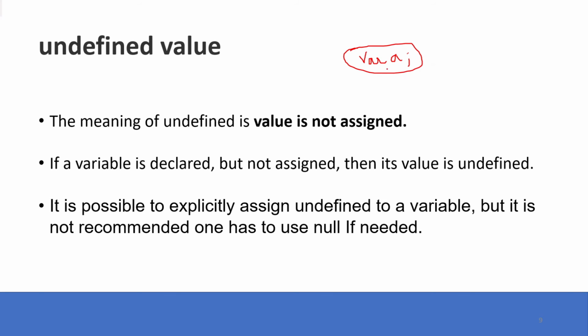So its value will be undefined until you assign it. That means, suppose you write some piece of code over here, and now here you initialize it to 5. When you reference this a in between, its value turns out to be undefined.